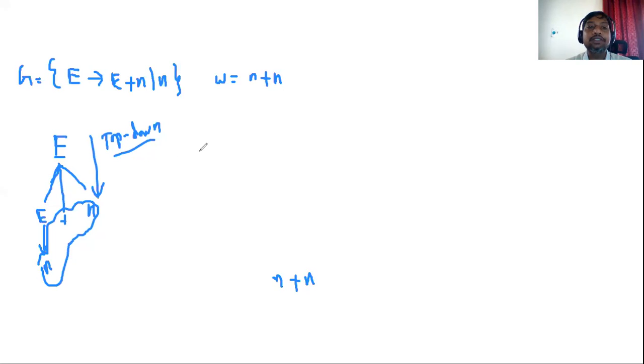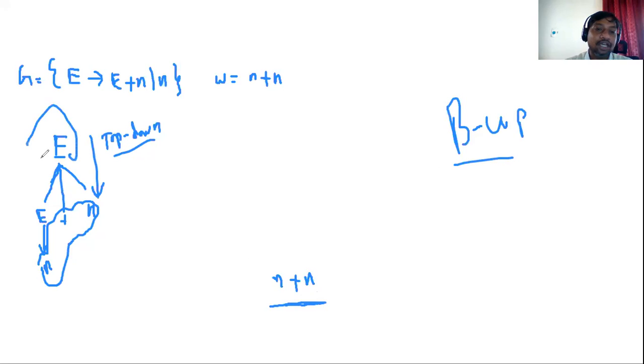In bottom-up parsing, first we start with the terminal string. We're not starting with the start symbol of the grammar, rather we are starting with the terminal string. And we'll try to reduce the terminal string, in one or more steps, to the starting symbol of the grammar.